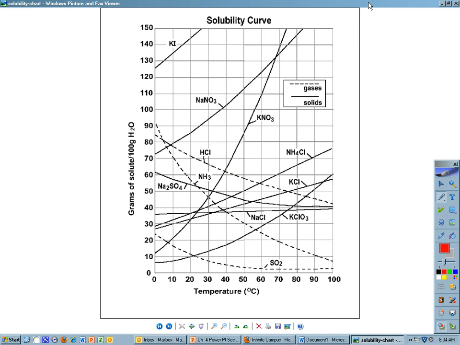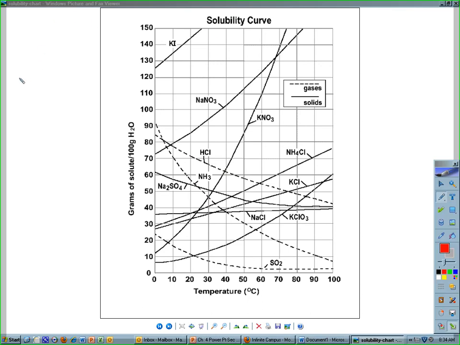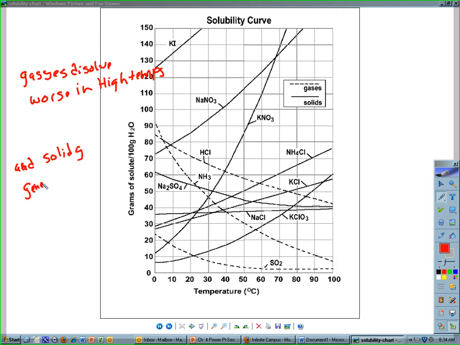The rule is: gases dissolve worse in high temps, and solids generally dissolve better in high temps.